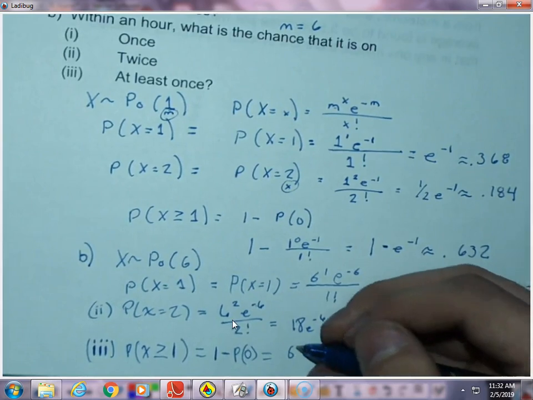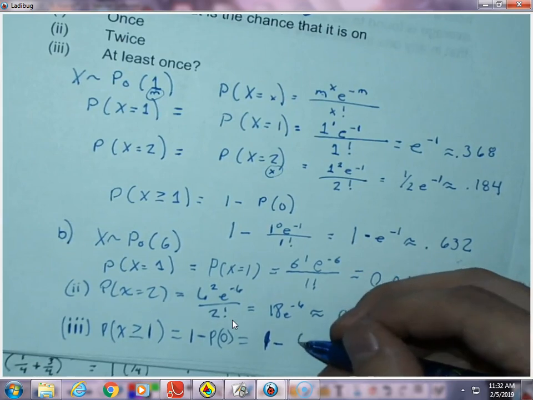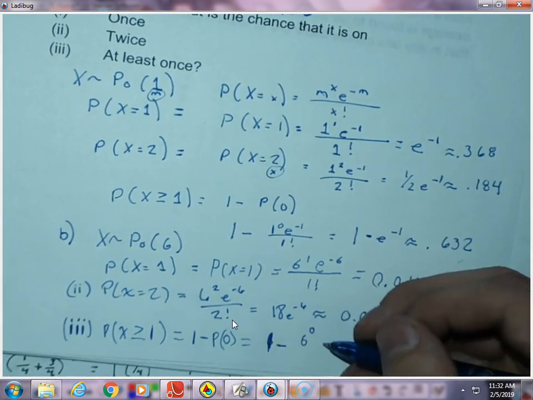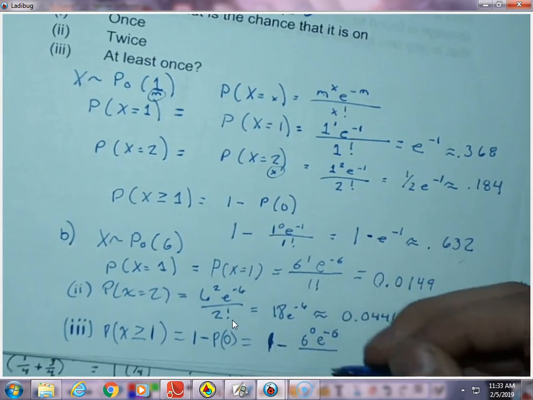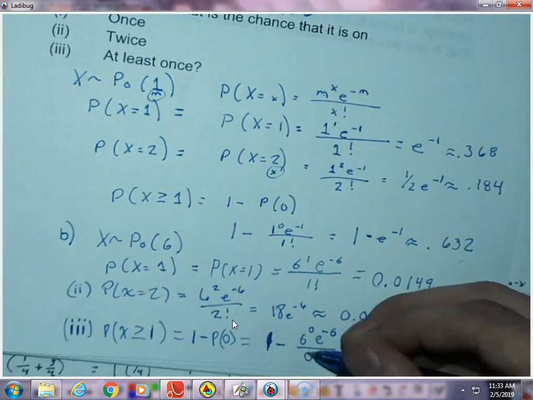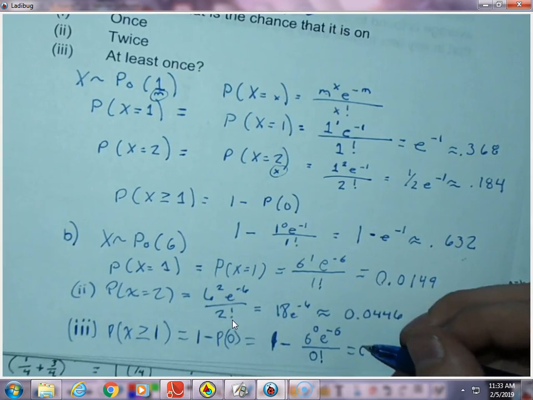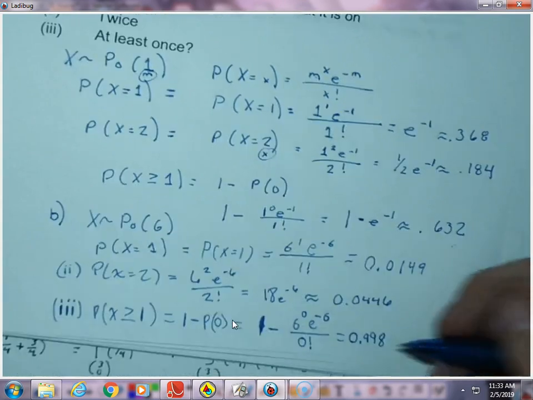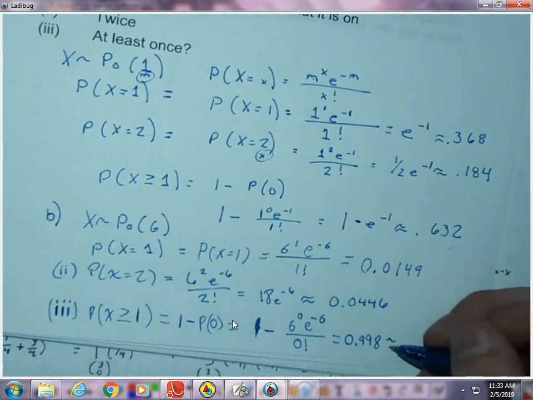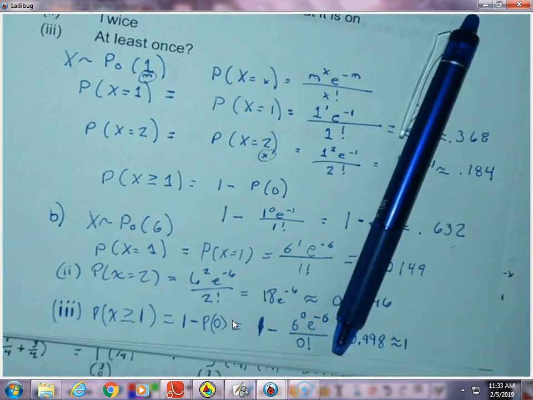So it's 1 minus 6 to the 0, e to the negative 6, all over 0 factorial. And it's 0.998. Well, that is true. It's pretty close.